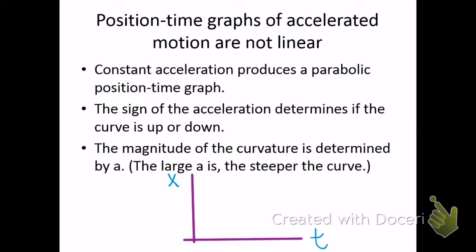If I have a very large a, I'm going to see a very steep curve like this. If I have a less large a, I'm going to see a much gentler curve, and I can see very drawn out curves. And this one we are looking at here to the left is going to be a larger magnitude than this one here out to the right.